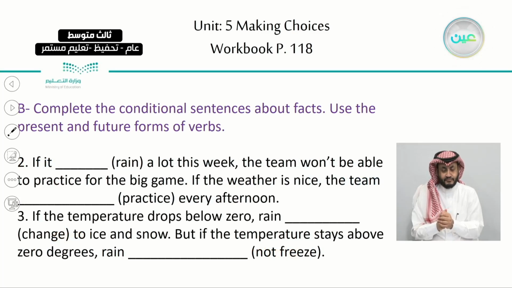I'm sure you did all the exercises. So can you just tell me the answers for each exercise? As we said, the first part, if it rains, excellent, because we have it here. Rains a lot this week, the team won't be able to practice for the big game.